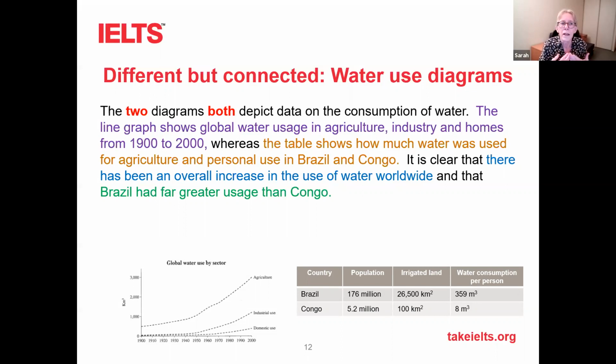So the line graph shows global water usage in agriculture, industry and homes from 1900 to 2000 is just a rephrasing of what the diagram that we're looking at is. Okay, and so what is it, what's in the brown colour? What is the brown?